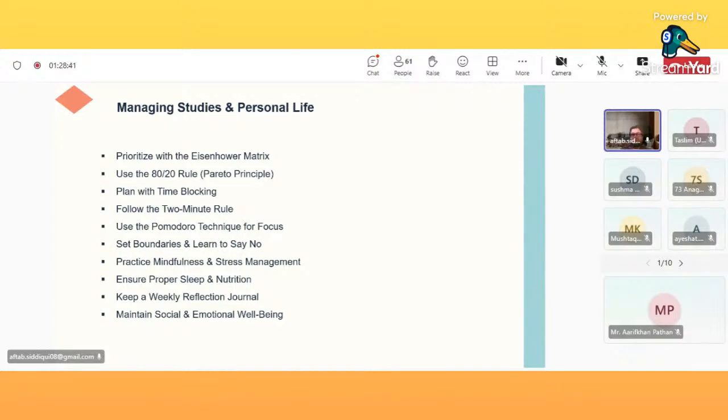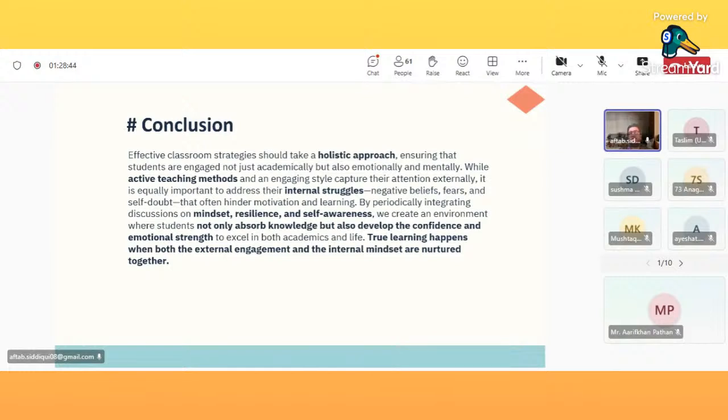So, what I'm trying to say in conclusion, effective classroom strategies should take a holistic approach. It's not just teaching some things, but ensuring that students are engaged not just academically but also emotionally and mentally.